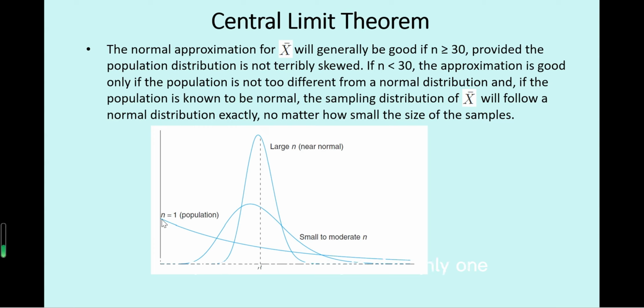For example, if the sample size is only 1, this curve is clearly not normal, right? But if n is very large, no matter what kind of distribution the population has, its sampling distribution will be very close to normal. And for small to moderate n, it looks like it approaches normal, but still has some skew to the right.